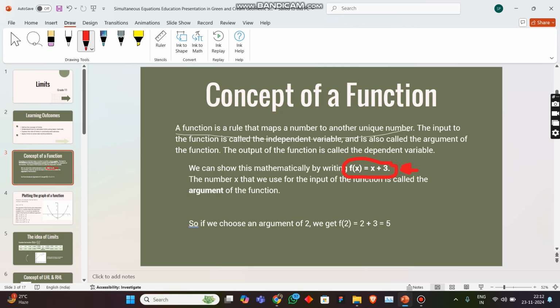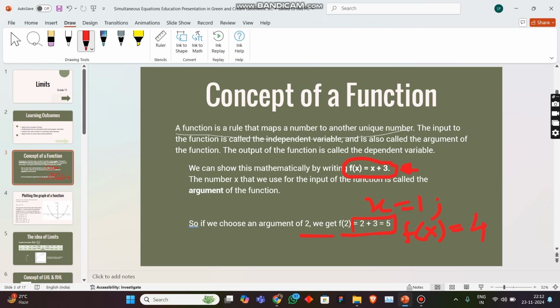Suppose we put x equals 1. For x equals 1, what will be the value of f of x? Can you please tell me? 1 plus 3, which gives me 4. If x equals 2, it will give me 5. Then for x equals 3, it will give me another value.